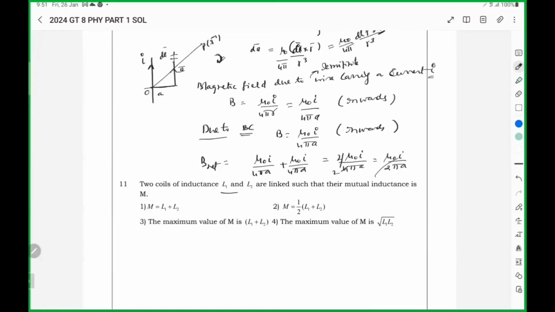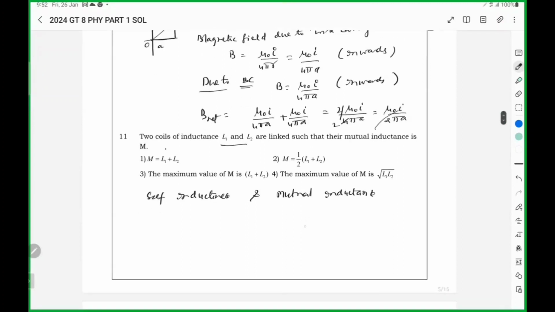So here, two coils he has given, one is self-inductance, the other is mutual inductance. So if two coils of inductance L1 and L2 are linked in such a way, this is L1, and these are two different coils. When current I flows through this, in the neighboring coil magnetic field lines will be there, some flux.